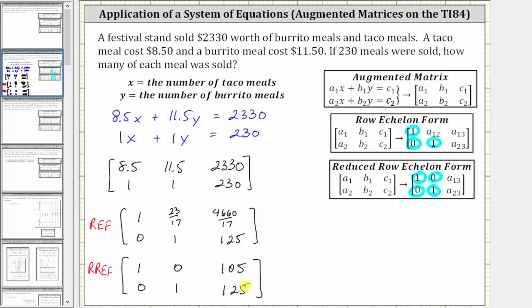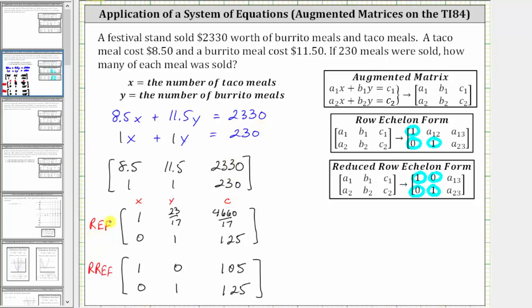And now to interpret both row echelon form and reduced row echelon form, we write the augmented matrix back as a system of equations. Remember, the first column gives us the coefficient of x, the second column gives us the coefficient of y, and the third column here is the constant on the right of the equation.